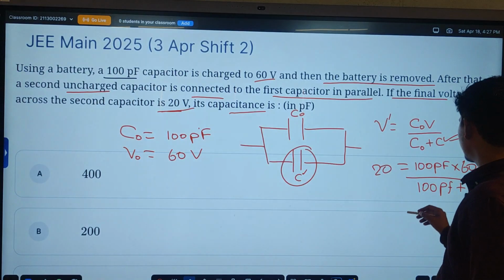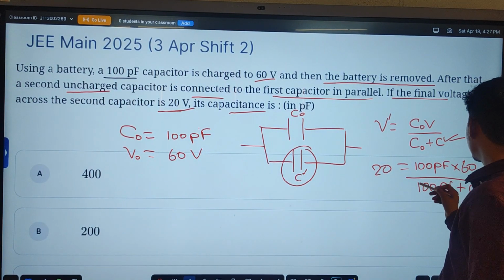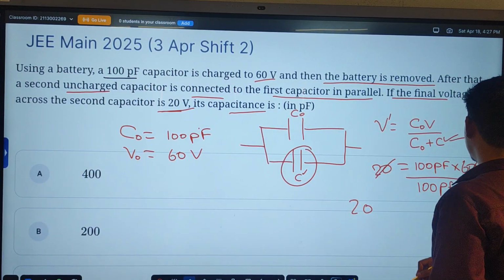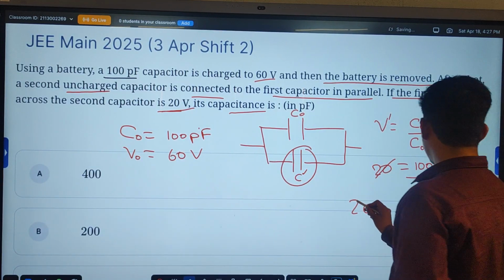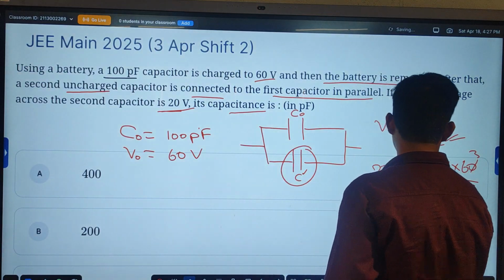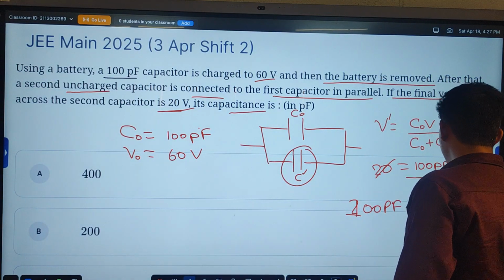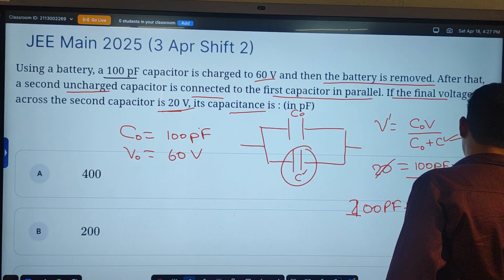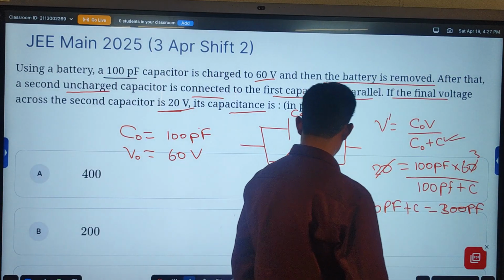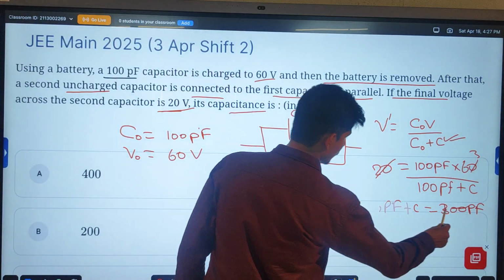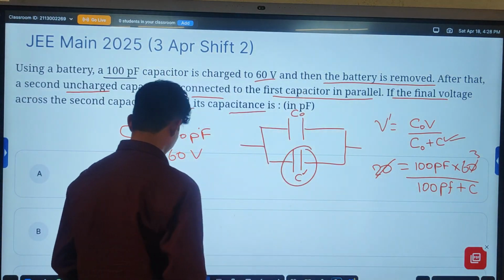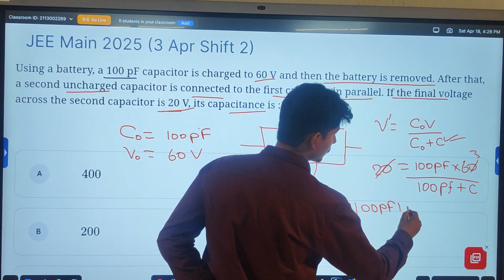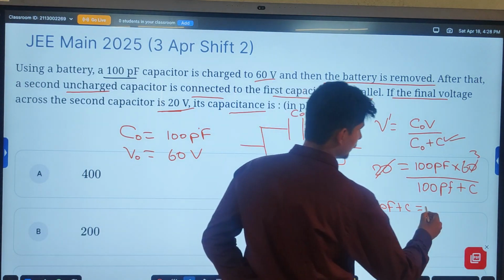So I can write 20 times the sum of 100 picofarad plus C is equal to 6000, so 100 picofarad plus C is equal to 300 picofarad.